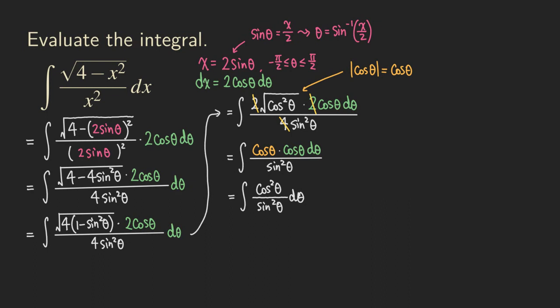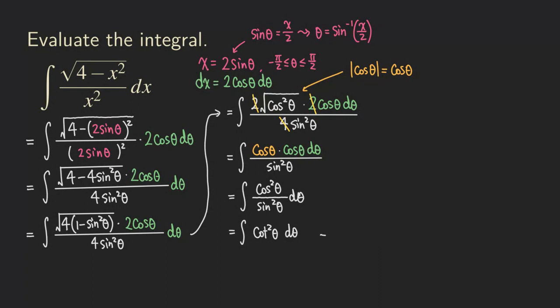Now turning that into a single trig function, that would actually just be what? That's actually just cotangent squared theta d theta. Just know that we cannot really integrate this directly, right?